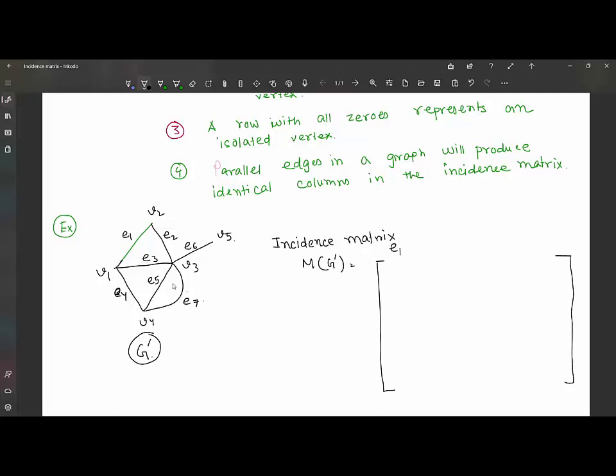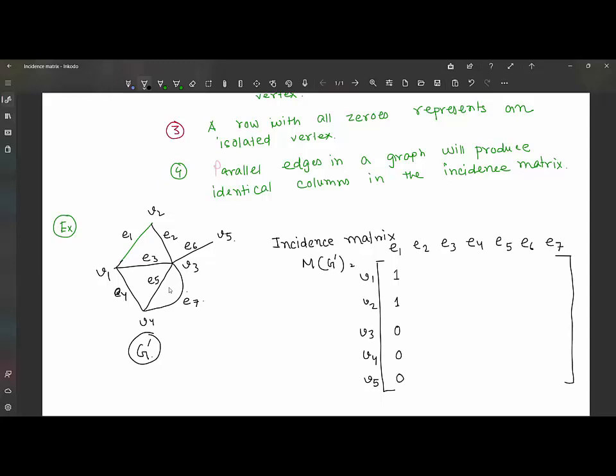Within the columns it is E1, E2, E3, E4, E5, E6, and E7, and here you will get V1, V2, V3, V4, and V5. Now fill the boxes. We start with the edge E1. This edge E1 is incident to V1 and V2. So put 1 in place of V1 and V2, and after that fill the other values with 0.